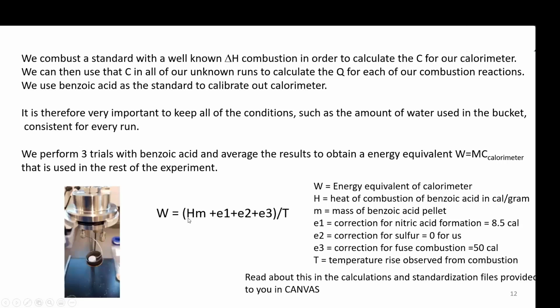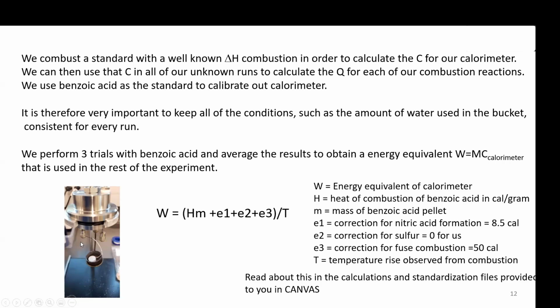So right now we need to figure out the W value. The W will be equal to the heat of combustion of benzoic acid, and there are some correction terms, okay? So E1 will be the correction for nitric acid formation. Before we put in excess oxygen, there's already air inside. In air, there's 78% nitrogen and 22% oxygen, right?